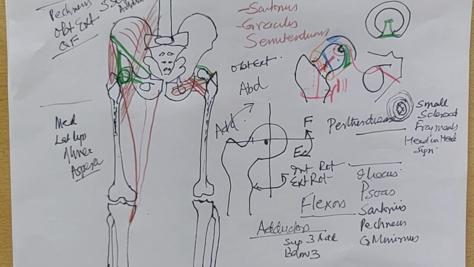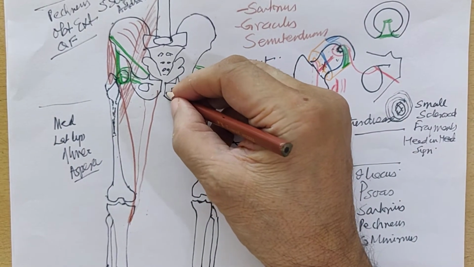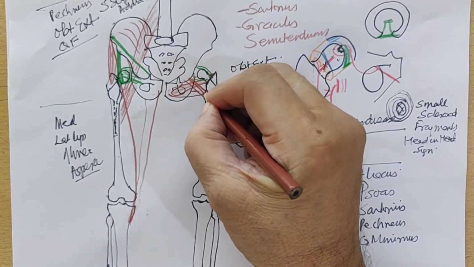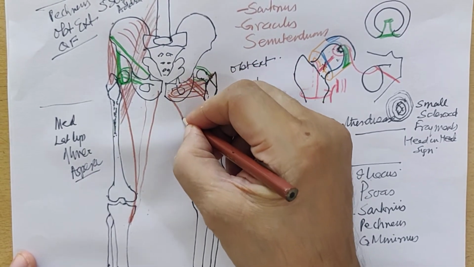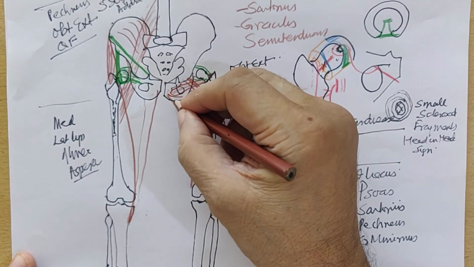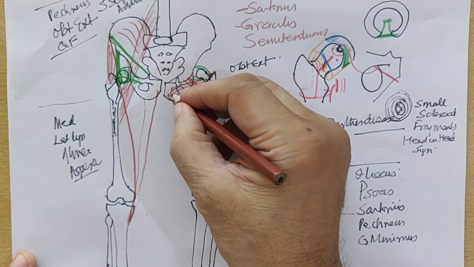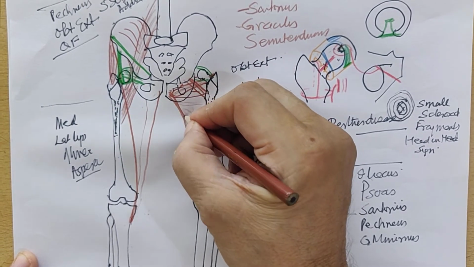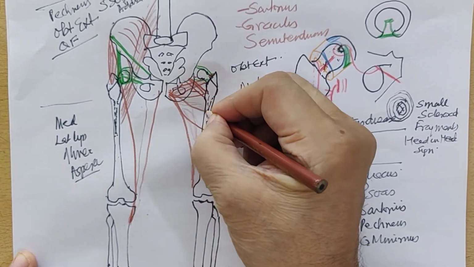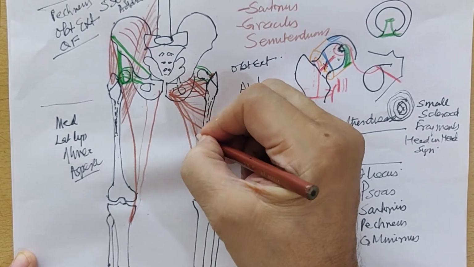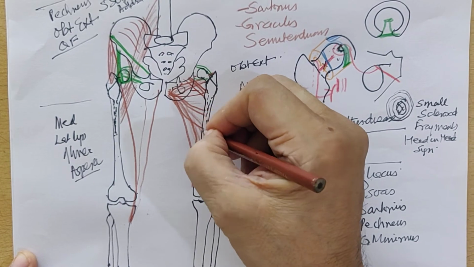Then the adductors are arising from the ischiopubic ramus and the pubis and getting inserted into this linea aspera, the posteriormost being the adductor magnus. Then you have another one which is adductor brevis, which is a little bit shorter. And finally you have the third one, which is the adductor longus, anteriormost.